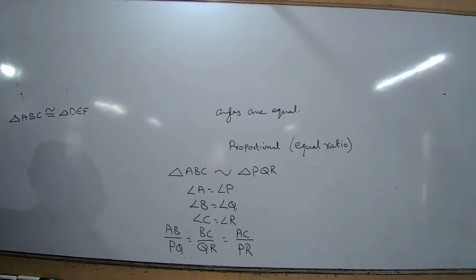What is written on the board? Triangle ABC is congruent to triangle DEF.